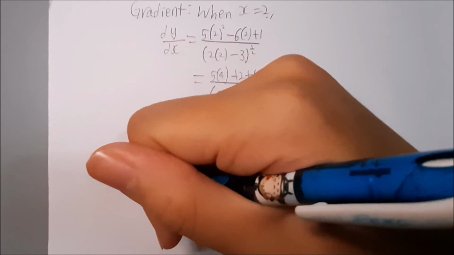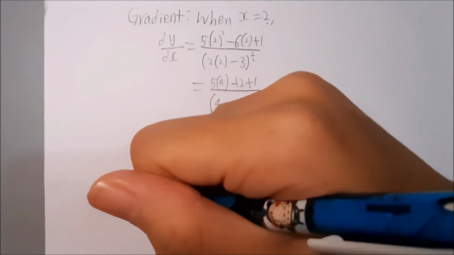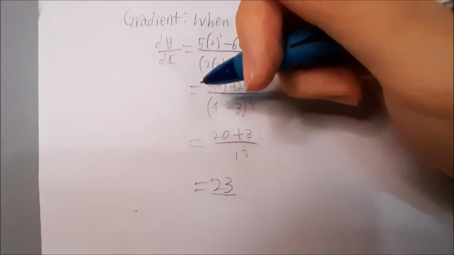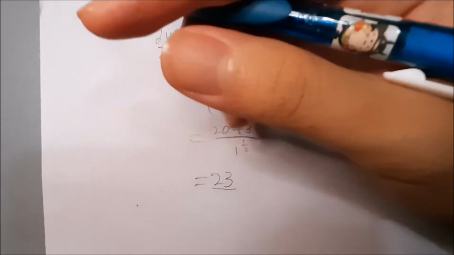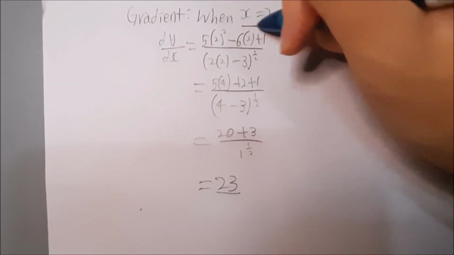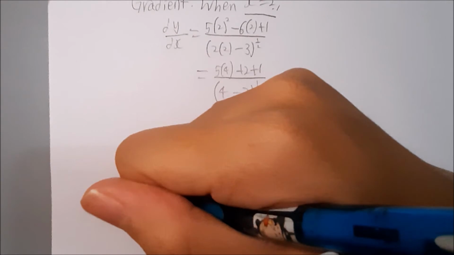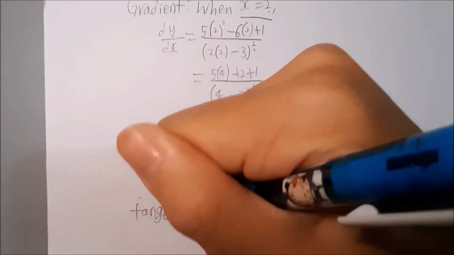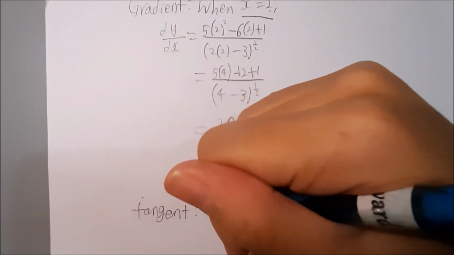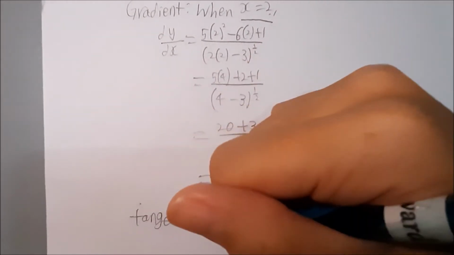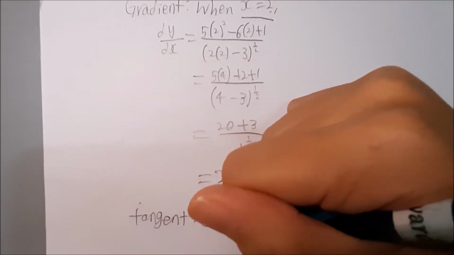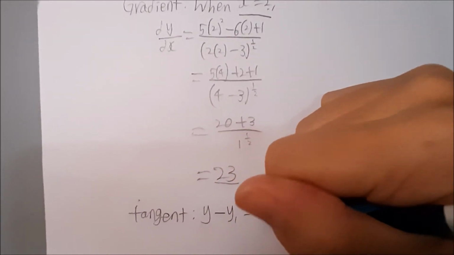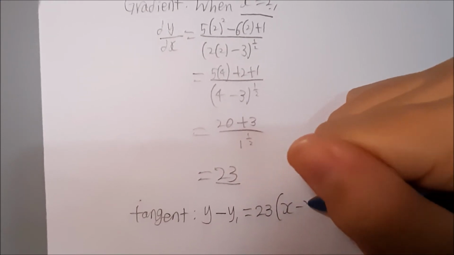So the equation of the graph, also known as the tangent of the graph when x equals 2, would be y minus y1 equals the gradient times (x minus x1).